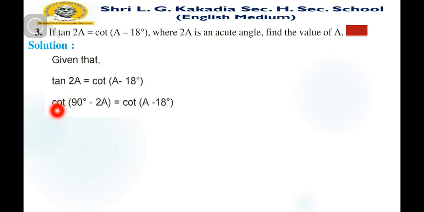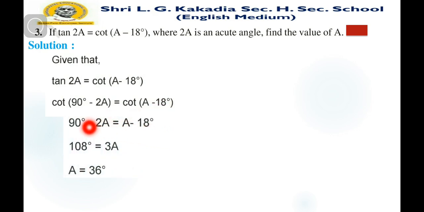Here both trigonometric ratios are equal, so we can compare the angles. So 90 degrees minus 2A is equal to A minus 18, so 108 is equal to 3A, hence A is equal to 36. Just look at the given equation and try to find how we can do this by using complementary angles and their property.